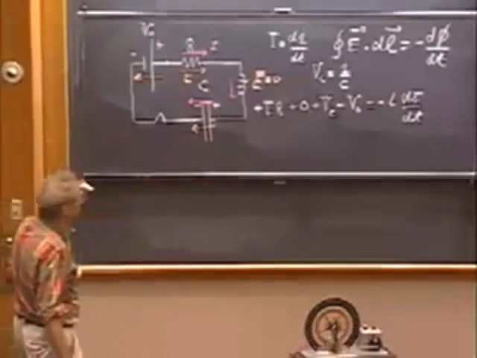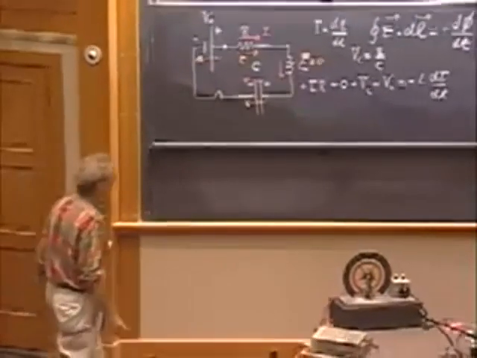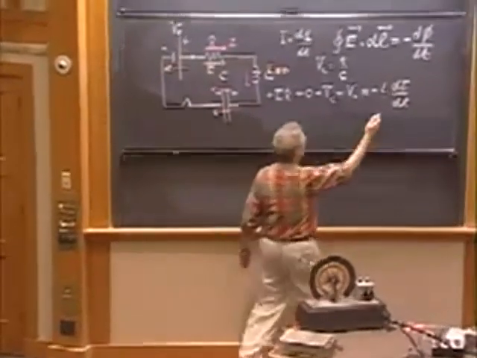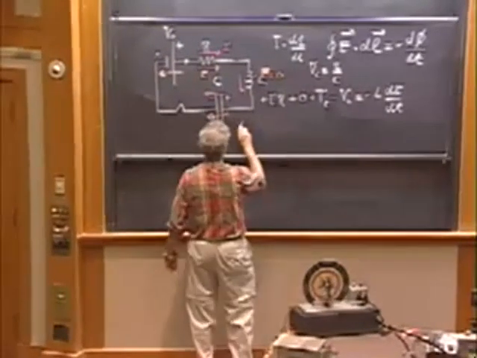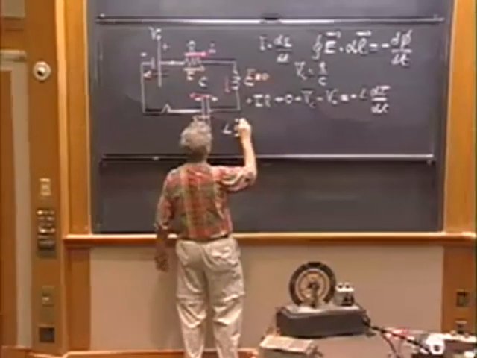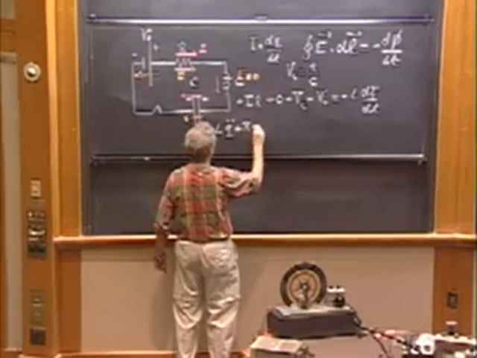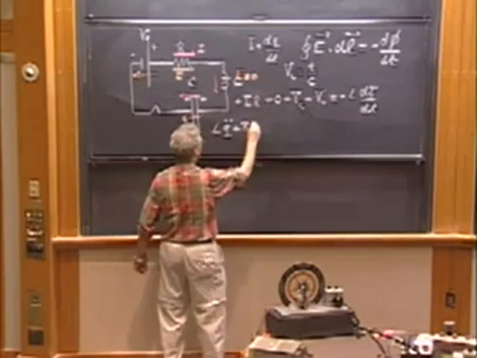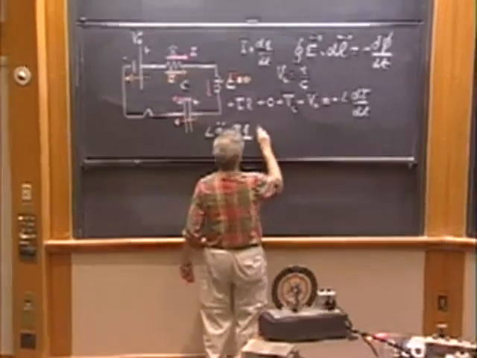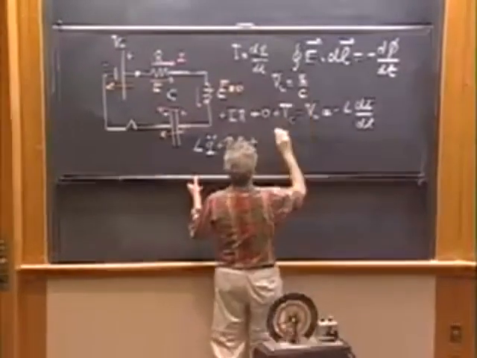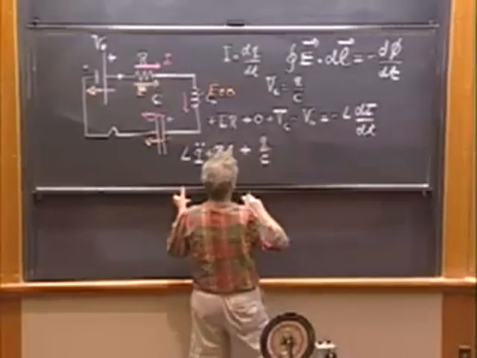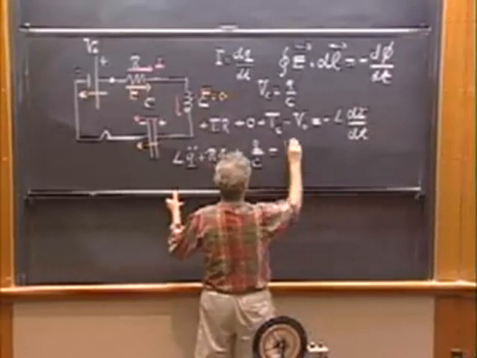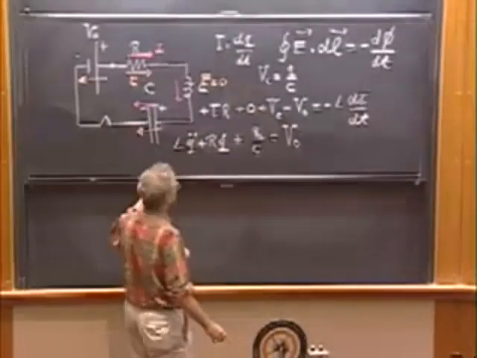So now I'm going to replace I by dq/dt, and I'm bringing L to the left. So I get L times Q double dot plus R times Q dot, because I is Q dot, plus VC, which is Q divided by C, and that now equals V0.